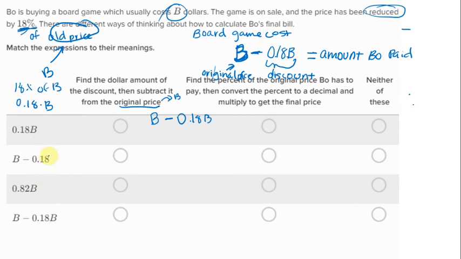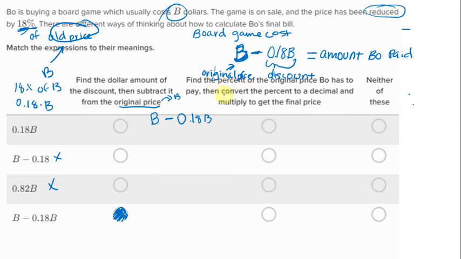Nope, nope, no, wait. Yeah, this one's going to be a no. It would be a yes if it had 0.18B. This right here, as it's written, says take the original price and minus 18 cents. So, no. This one is not correct. This one is correct. B minus 0.18B. That is exactly this translated into an expression.